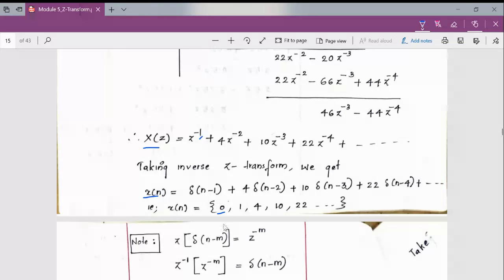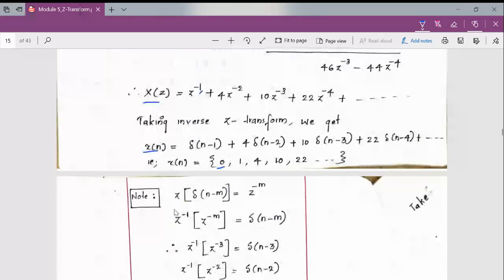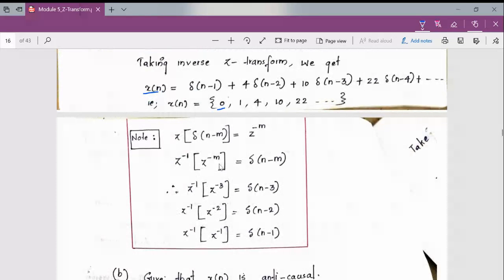We have to denote the origin point. Here there is no term for delta of n, because the answer starts at delta of n minus 1. Like that it goes n minus 2, n minus 3, n minus 4, etc. We have to begin it from the origin. So here there is no term, so we have to put that as 0. Here I have shown the basic equations for finding the inverse.